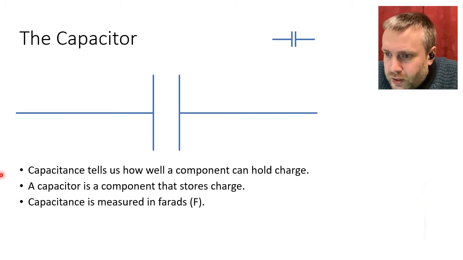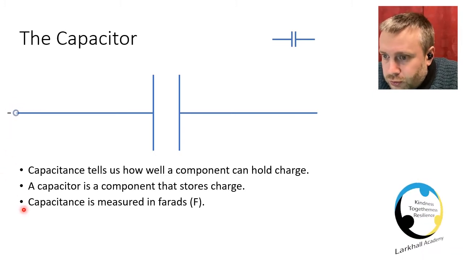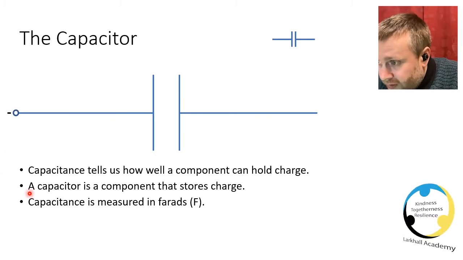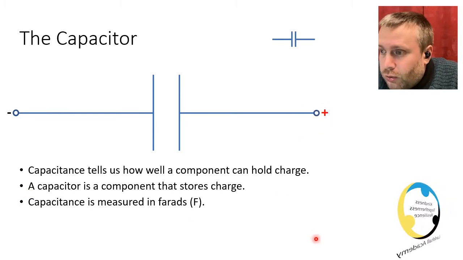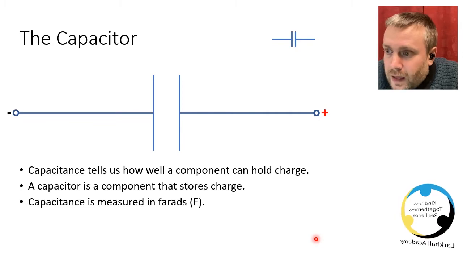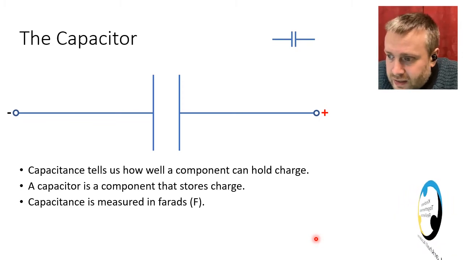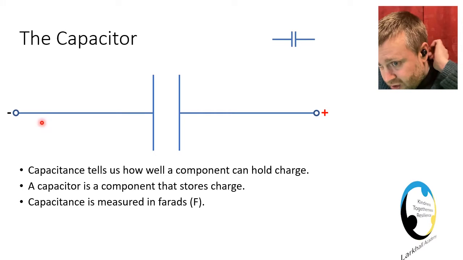What we've got, if we hook one side up to the negative terminal of a DC power supply, and the other side up to the positive terminal of a DC power supply, is that we can send charges along here.